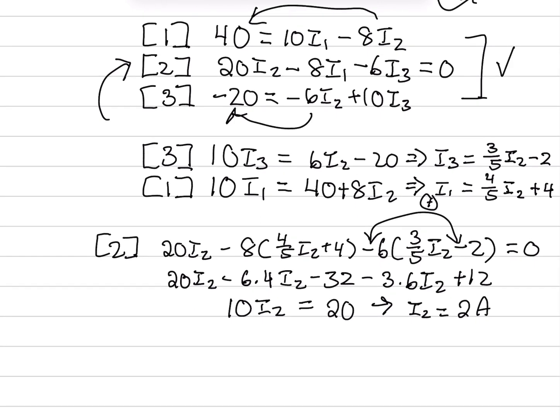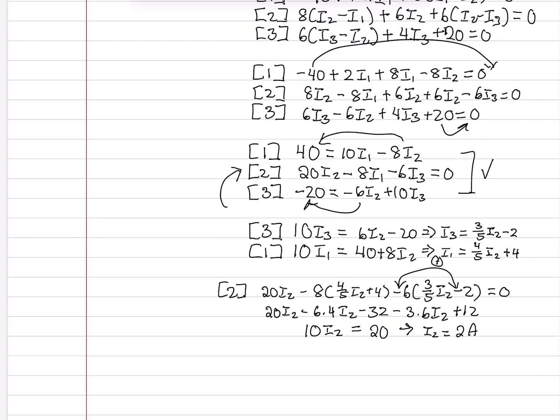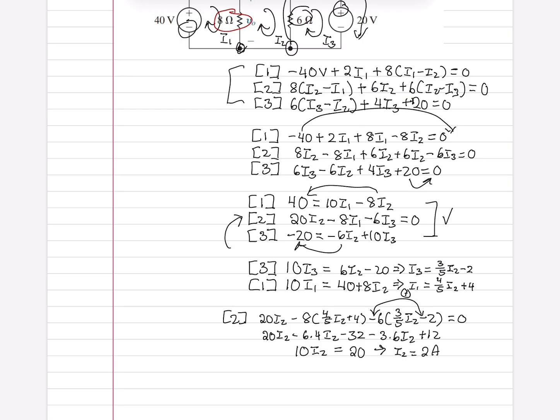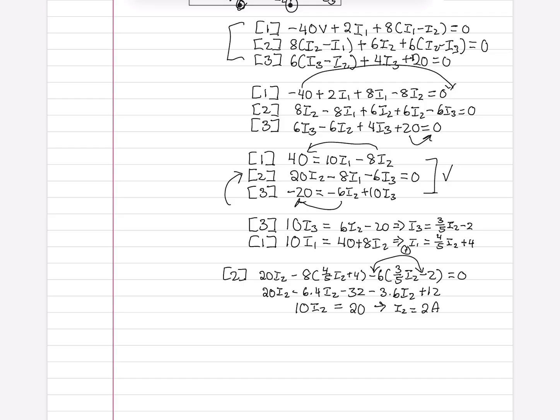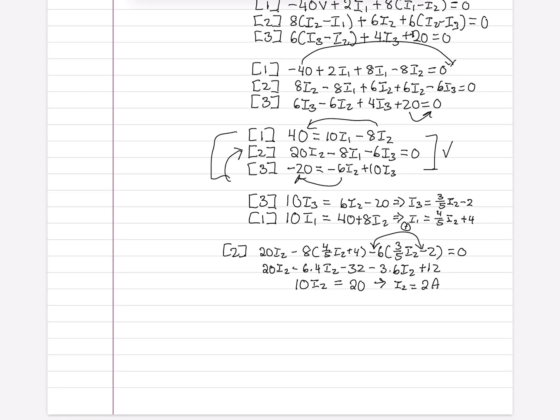So we found I2, and then we can simply find I1 and I3 using the equation over here. Actually, we will use these ones because they're already simplified. Sorry, these were the simplified ones. I apologize. So then we can solve for I1 first.